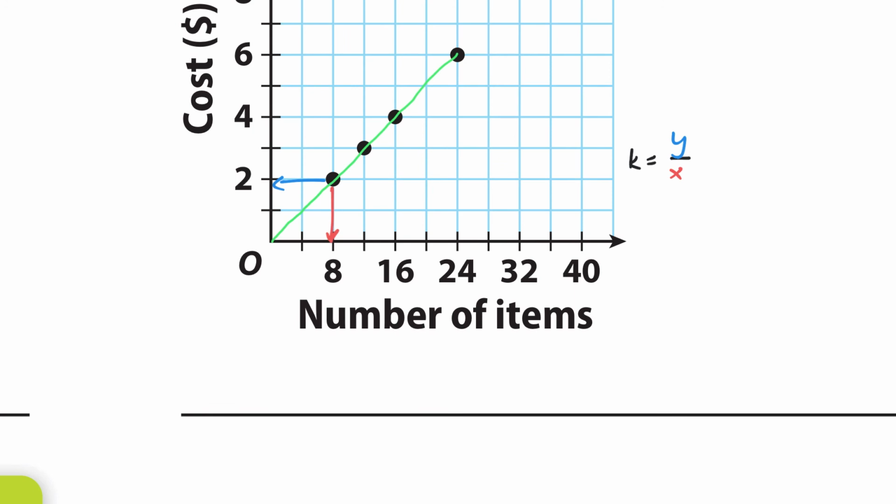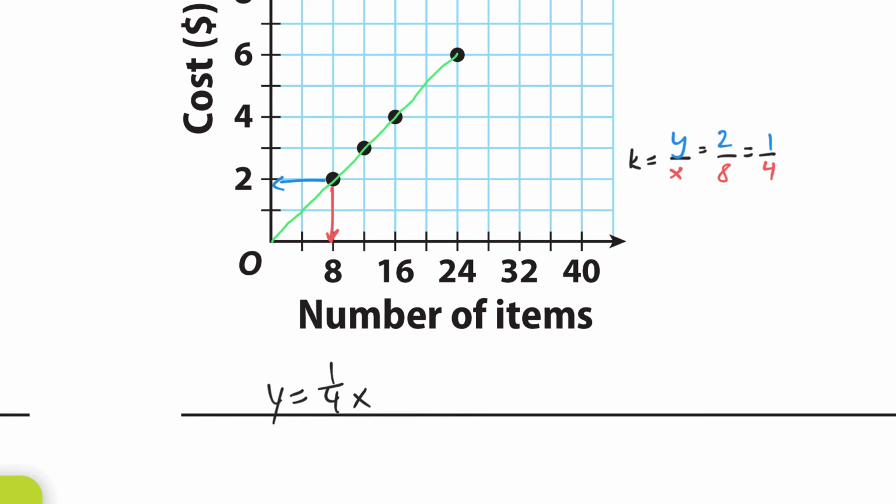The y value is 2 over the x value, which is 8. And you can simplify that to 1/4. Okay, so there you go. That's it. Y is equal to 1/4 times x.